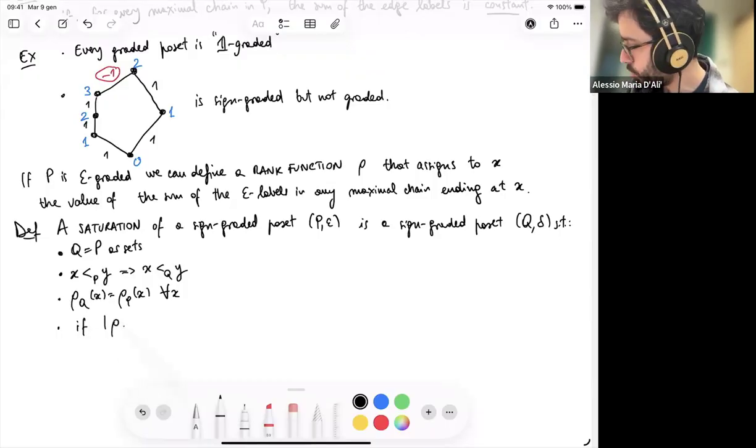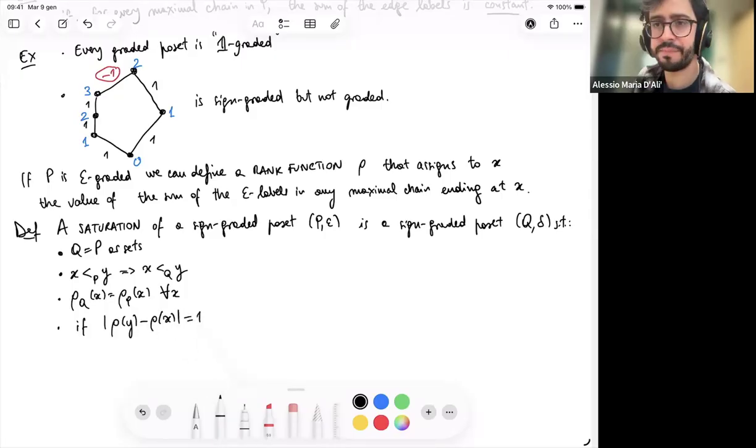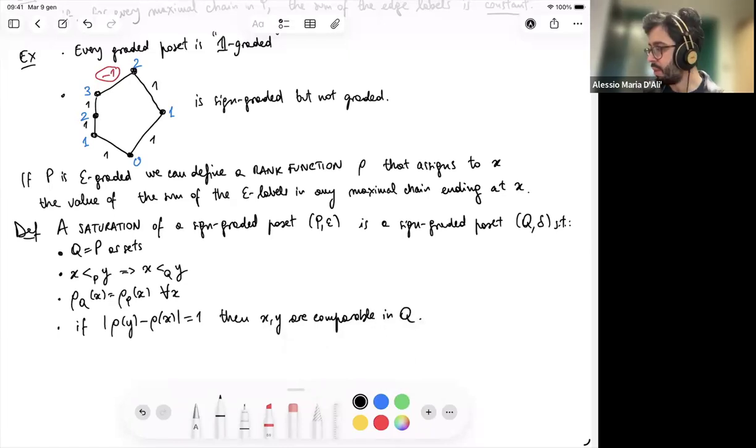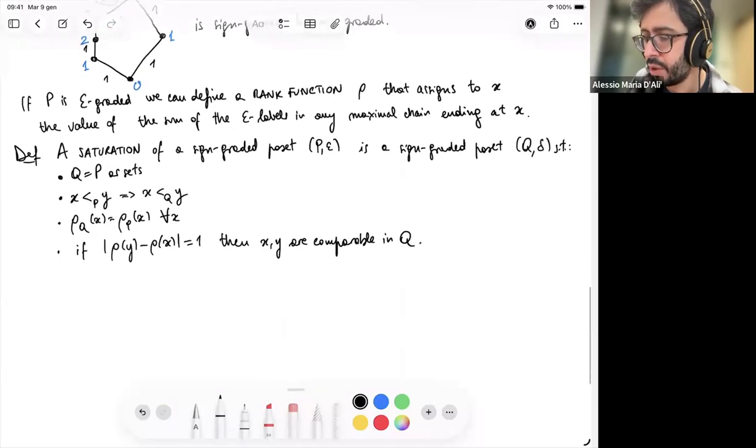Whenever you have two elements that differ in rank by 1, I'm going to use rho because it's the same rank function for both, then these two elements are going to be comparable in Q, even though maybe they were not in the original poset P. So this thing is called a saturation, and I can actually give you an example.